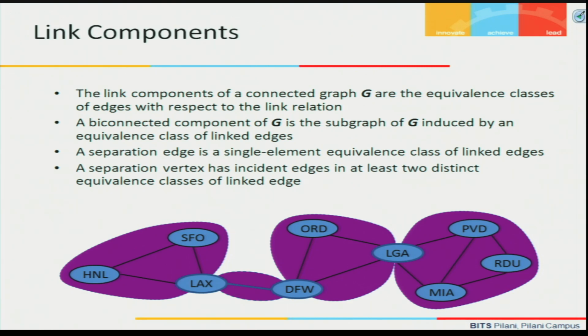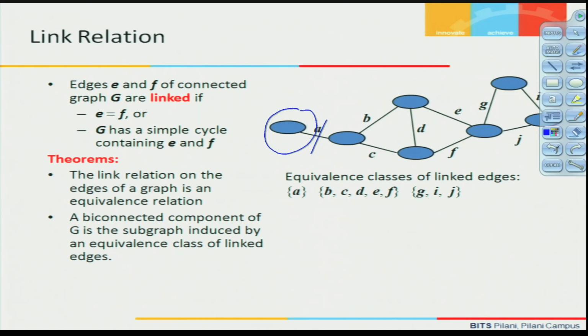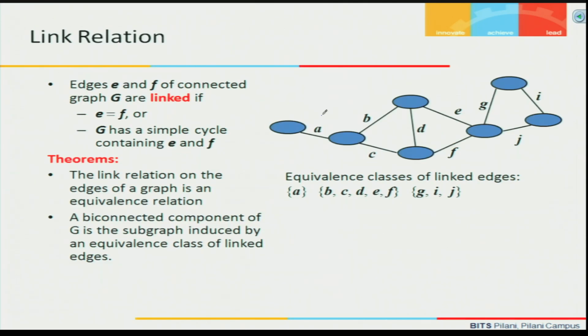So, if you look at the earlier thing, if you remove this particular edge, you see that you are going to have a disconnected graph. So, a separation edge is a single element equivalence class of linked edges. So, A is a separation edge, we know A is a separation edge. So, in an equivalence class, that is going to be a single element.